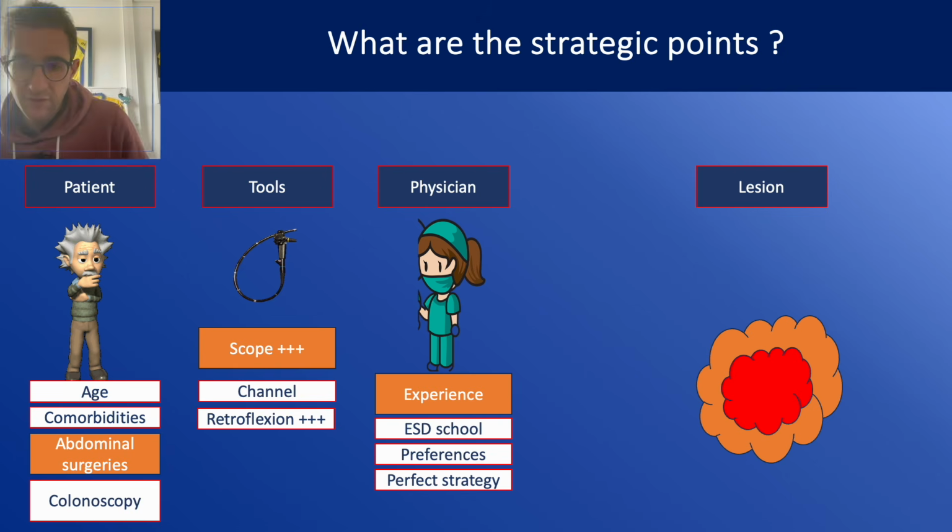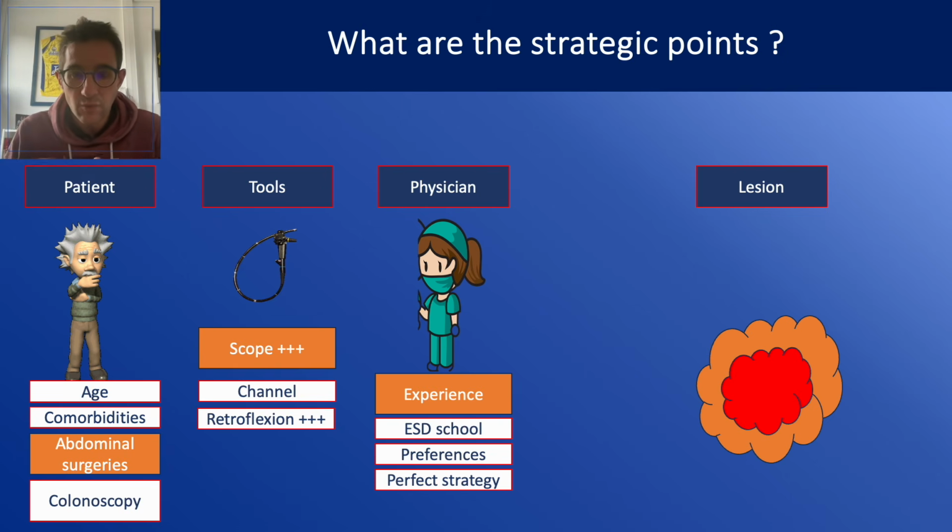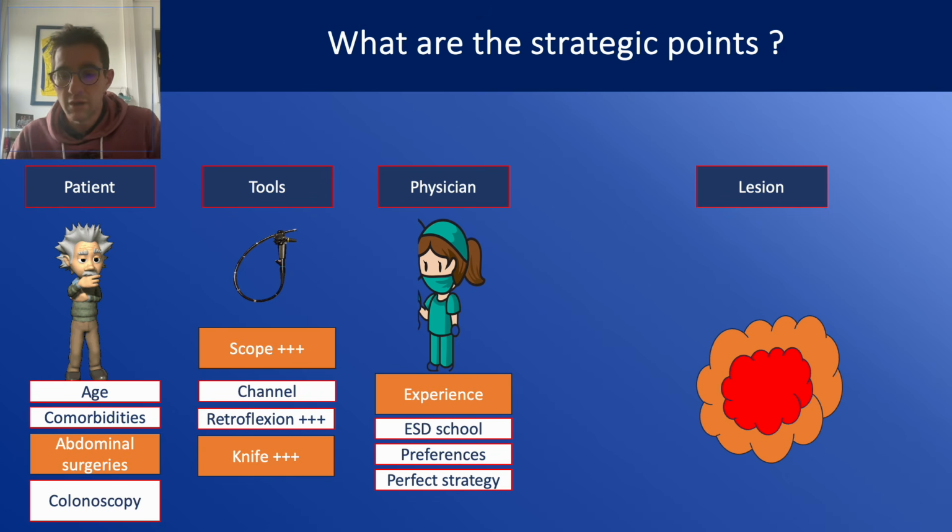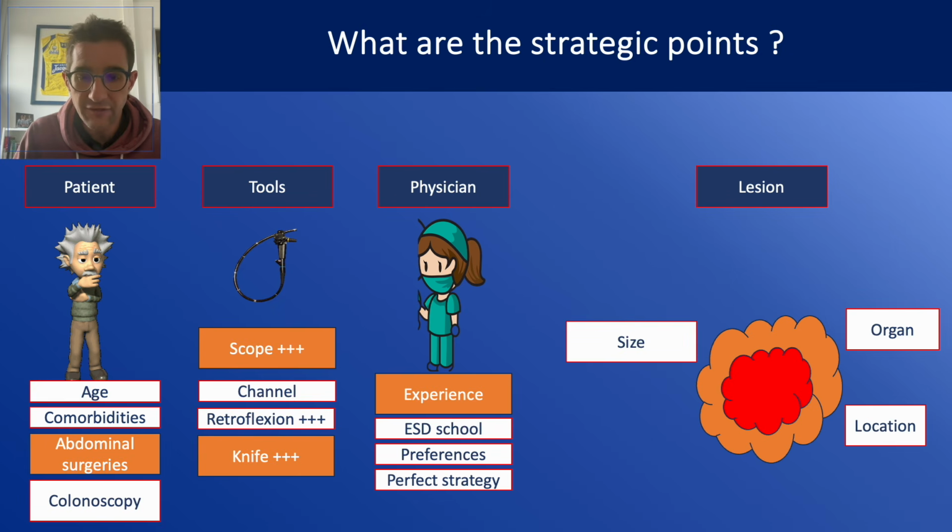What are your preferences about strategy, and what is your usual perfect strategy? What is your favorite strategy? I mean, everything underwater, everything with traction when it helps. Finally, which type of knife? Is it a needle type knife or a knife with an insulated tip?